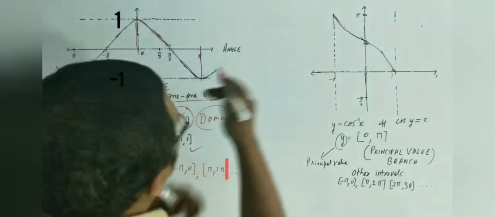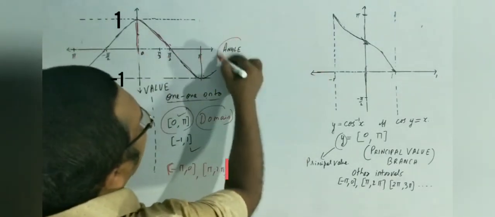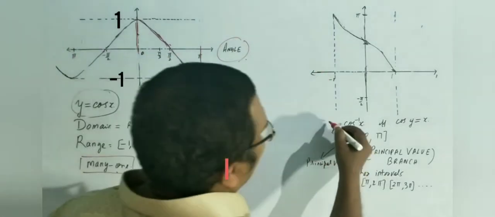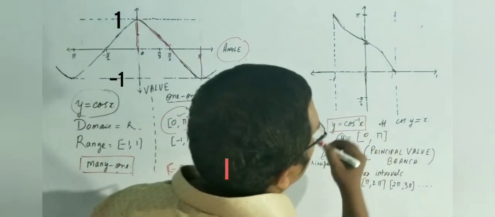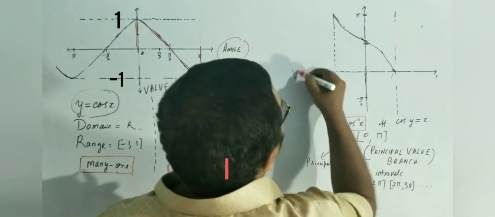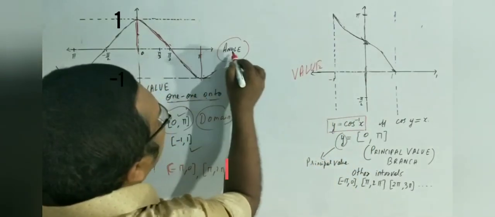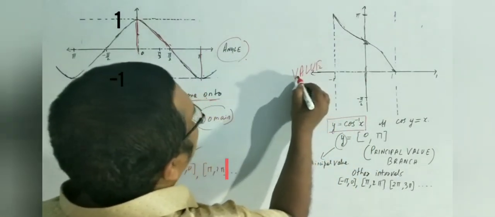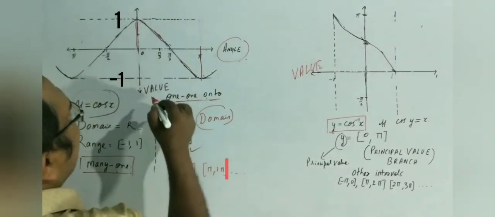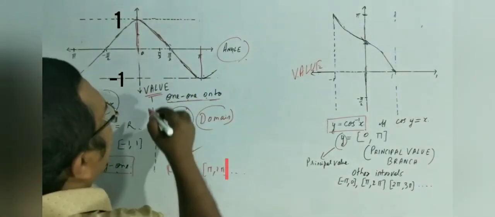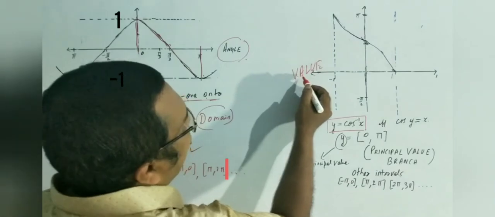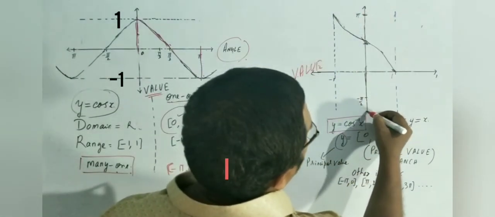Now for the inverse, you'll find the domain is the angle for cosine, and this is the graph of y is equal to cos inverse x. For the cosine function the domain is the angle and the range is the value. For the inverse function, the domain is the value and the range is the angle.